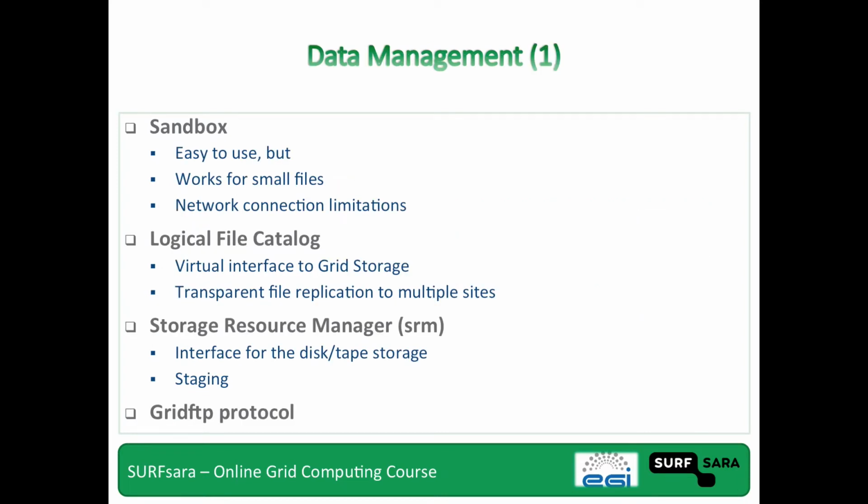Grid jobs need to access files located on other machines. We have already seen the in and output sandboxes as ways of transferring data to and from the worker nodes. We have also shown that the amount of data that can be transferred like this is relatively limited. It can also be inconvenient to send files back and forth all the time in a network connection on a workstation that is not very fast.